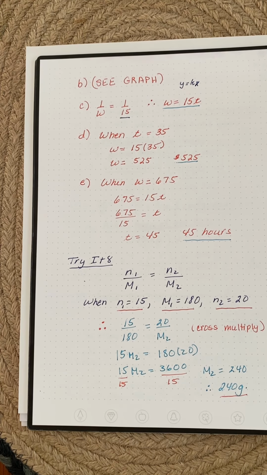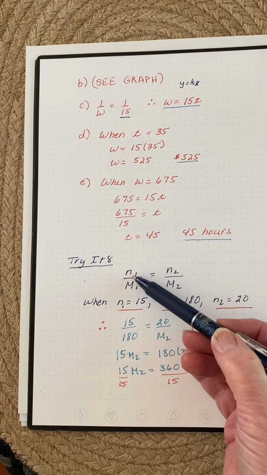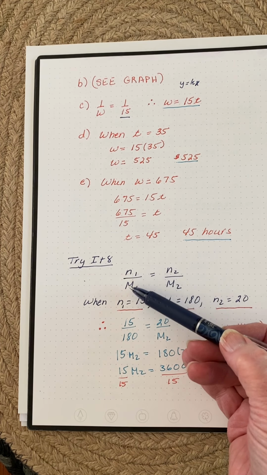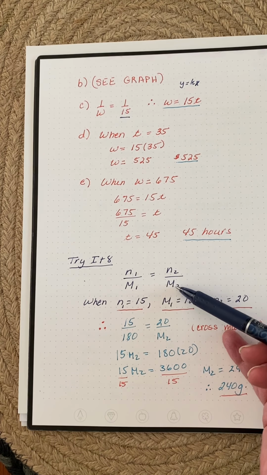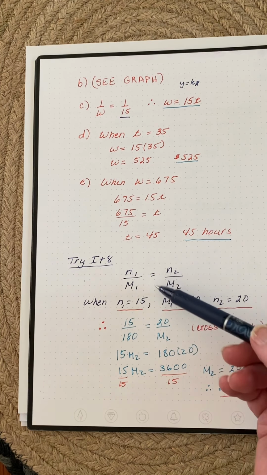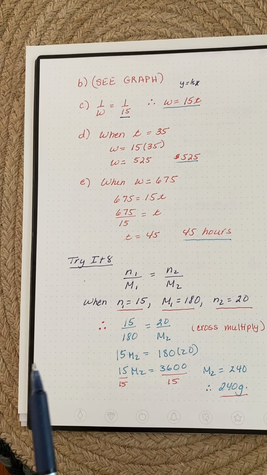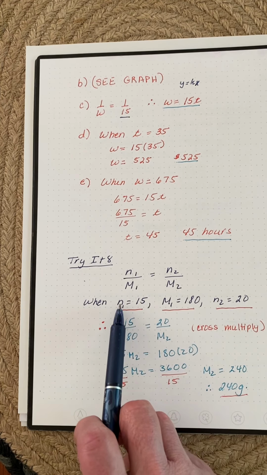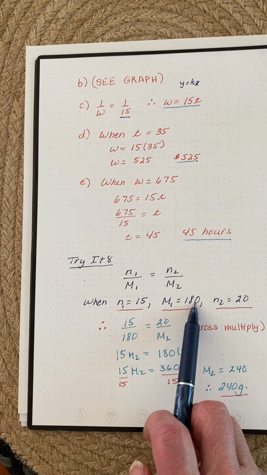Okay, so I know N is in direct proportion to M. So n1 over M1 is the same as n2 over M2, because direct proportion means any numbers I put in here are going to be equivalent fractions. They give me one set of numbers: n1 is 15, M1 is 180.